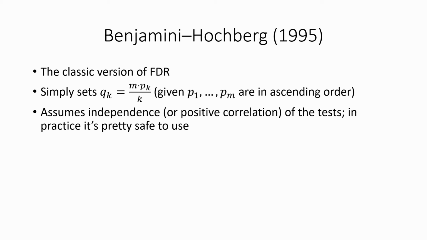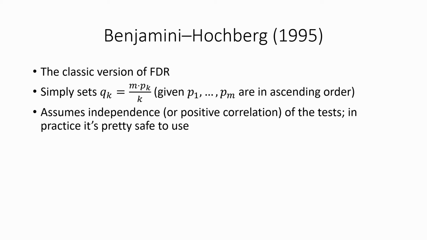But now the difference between that and the Bonferroni correction is that after penalizing each p-value by the same factor of M, we then reduce some of them back with decreasing amounts based on their index. Each one we divide by k, where k is the index of the p-value.